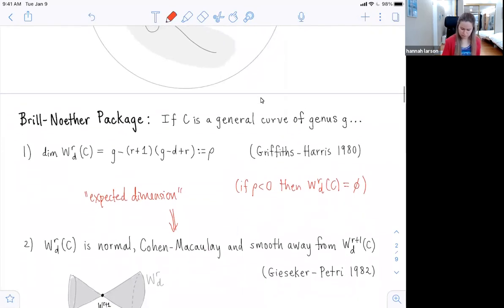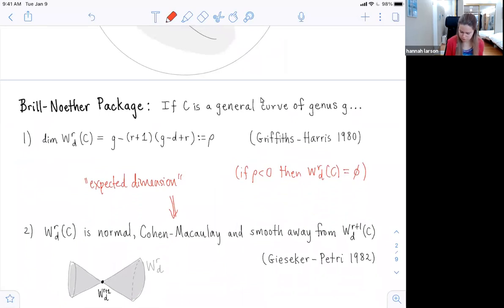But the main content of part 2 is that W^R_D is actually smooth away from W^{R+1}_D. This is the Gieseker-Petri theorem. And since W^{R+1}_D always has codimension at least 2 inside of W^R_D, we learn that W^R_D is actually normal.